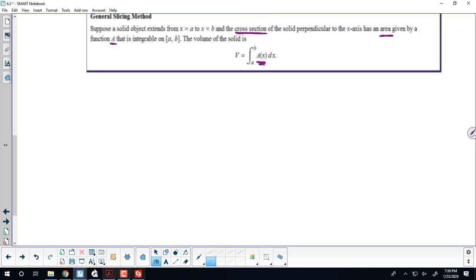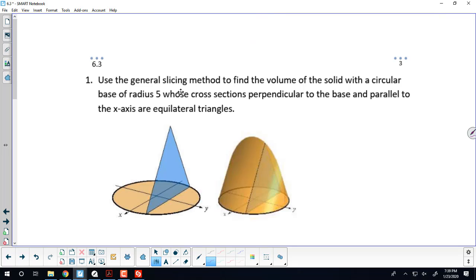So we know that the cross-sections are equilateral triangles, and the area of an equilateral triangle is just 1/2 times its base times its height. But of course, that's not a function of x or y. So the trick is, we've got to rewrite b and h in terms of x or y, depending on what variable we're integrating with respect to.